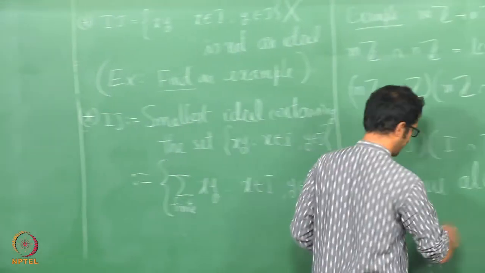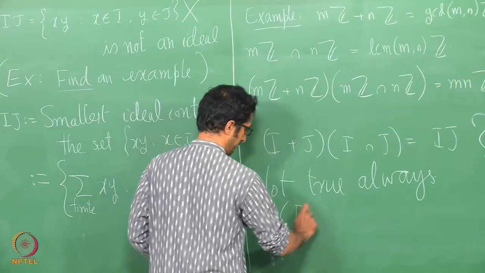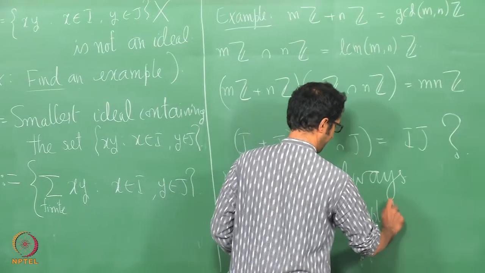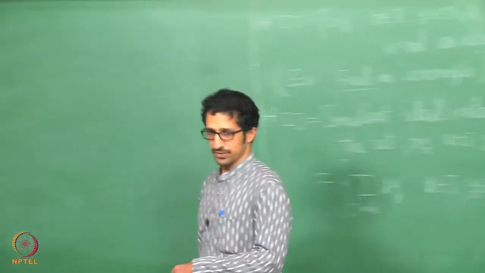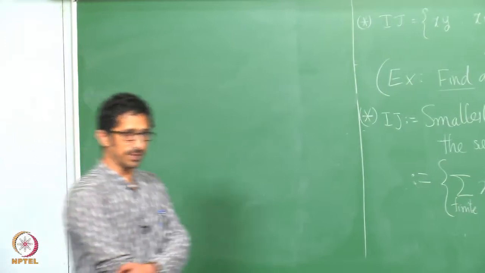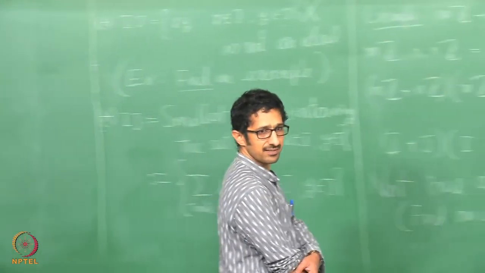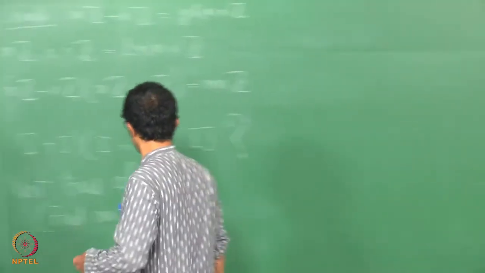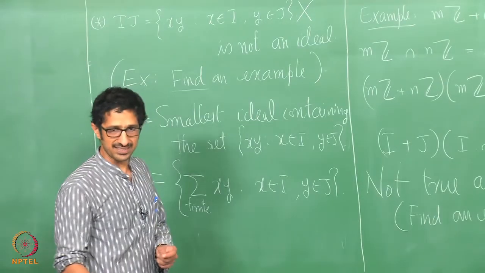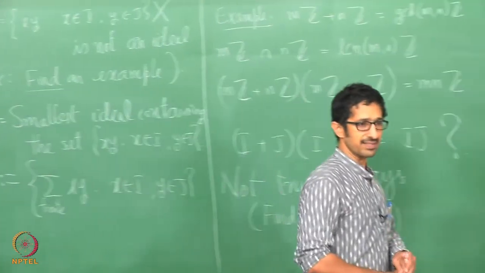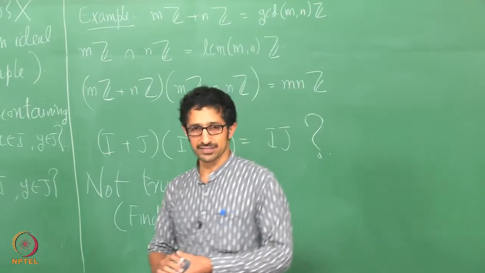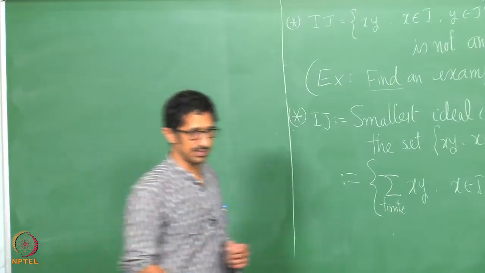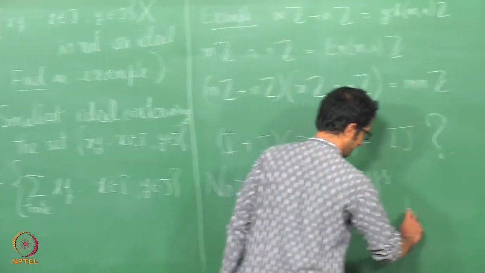So, try to think of an example. When you are trying for an example, it should not be in Z, it should not be in K[x]. That itself should give you an indication. Maybe I can even tell you, look for an example in K[x,y], the polynomial ring in 2 variables.